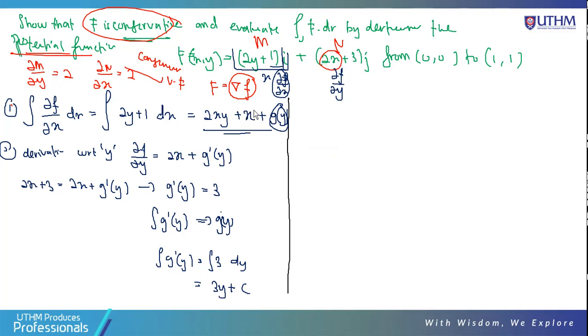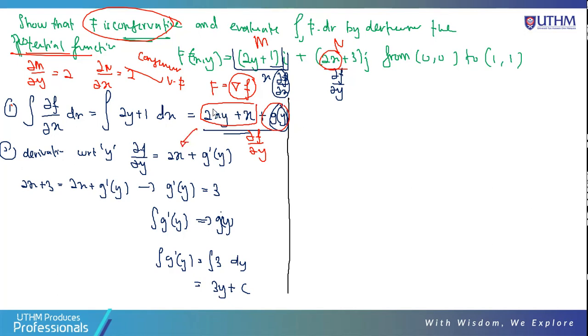Differentiate this one with respect to y, and you get 2x, then compare with the given one. Are they the same? If not, that means g(y) is a certain function, so you have to proceed to the second and third steps.